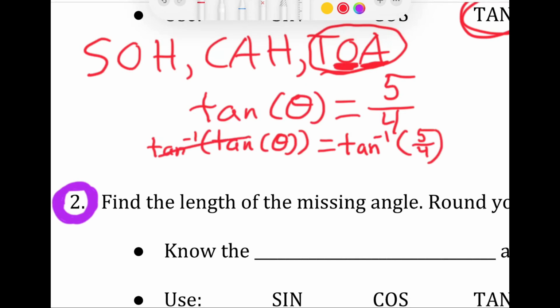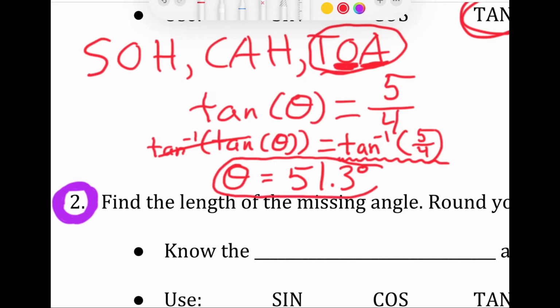Gets rid of tangent, so we just have theta. And then I have in the same video that I spoke of earlier, I show you how to put this into the calculator. So to find theta, all you're doing is putting this into the calculator, and you're going to get 51.3 degrees. And you are rounding to the nearest tenth.